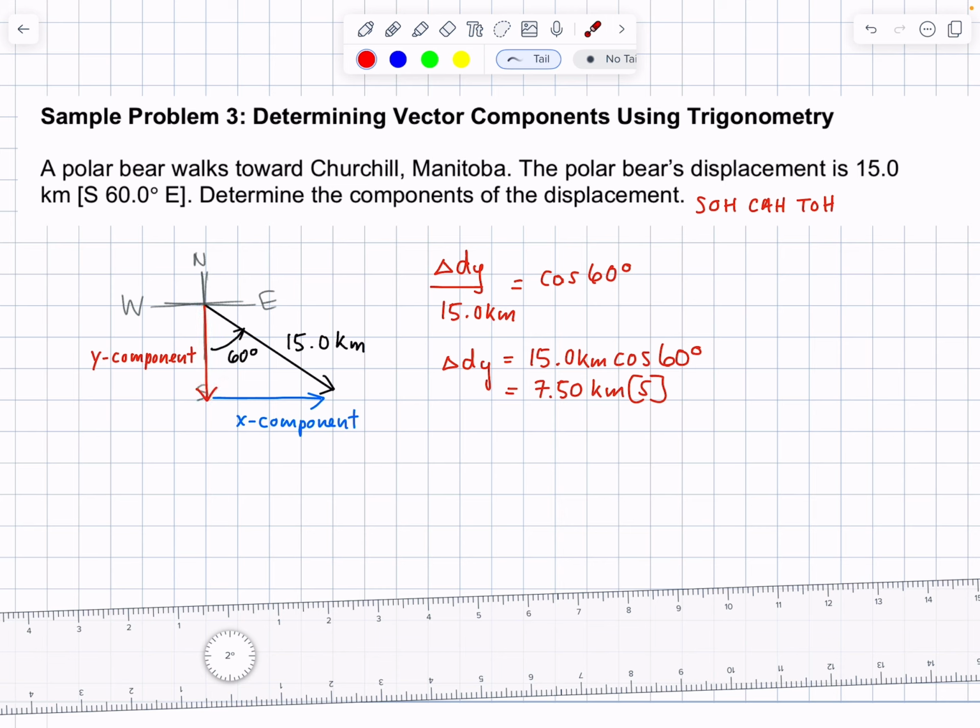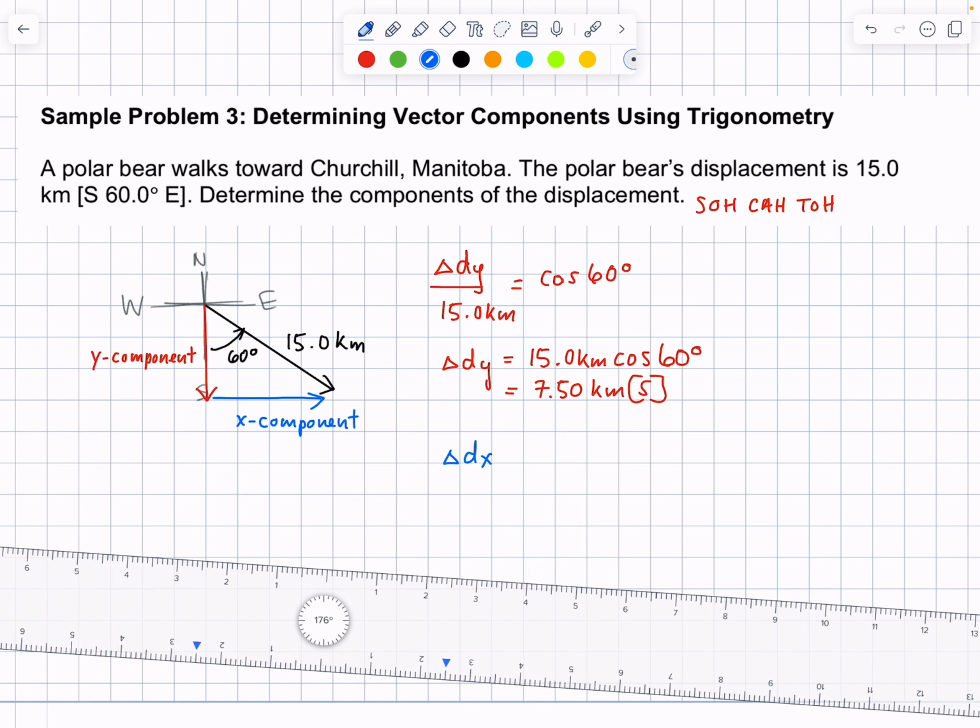Let's do the same and determine the x component of our displacement. We know that the x component is the opposite with respect to the angle and the hypotenuse. Opposite over hypotenuse is the sine ratio. So delta dx, the opposite, over the hypotenuse, 15 kilometers, is equal to the sine of 60 degrees.